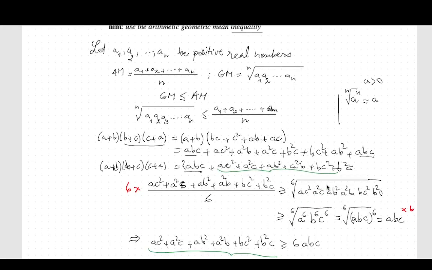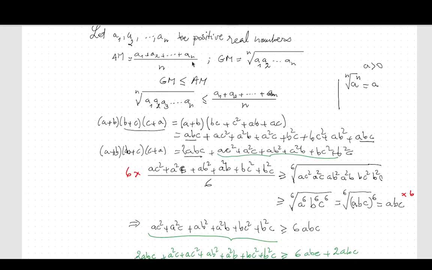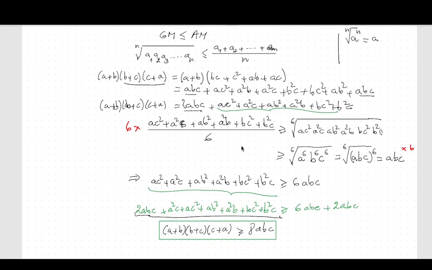Now, in this same arithmetic geometric mean inequality, this becomes an equality: the nth root of a1 a2 through an is equal to a1 plus a2 plus through an over n.